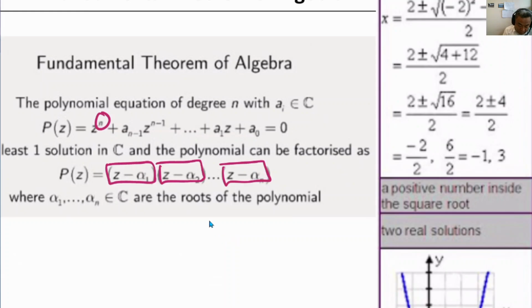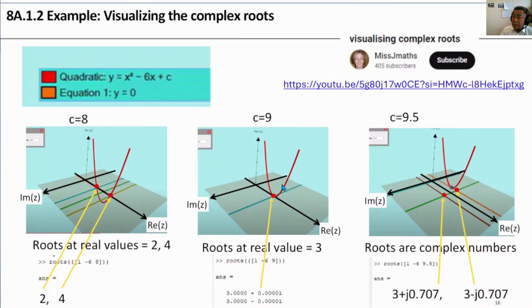We call these the solutions or the roots of the polynomial. If you are interested in visualizing the roots, you can go to slide number 16, where I will use the link here by Miss J Math to show you where the roots of the equation are, such that the roots have imaginary solutions. Thank you.